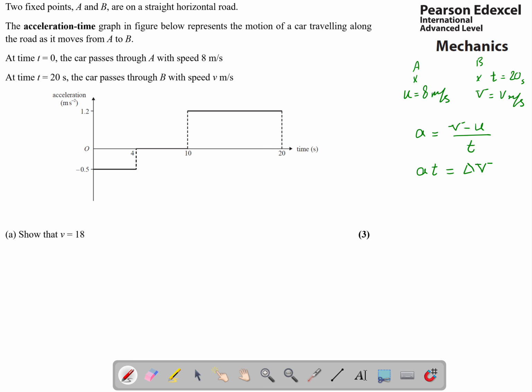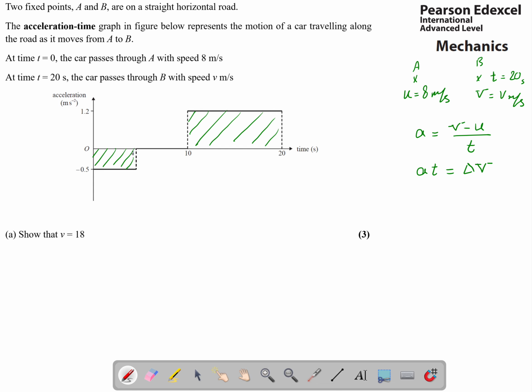So in this graph, we have this area. There is no area here from 4 to 10, and again from 10 to 20 we have this area. So the area under the graph shows the change in velocity.